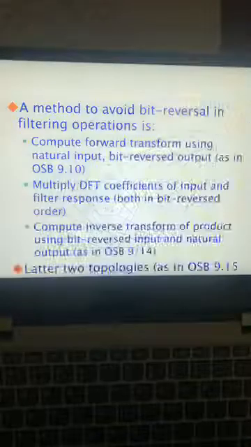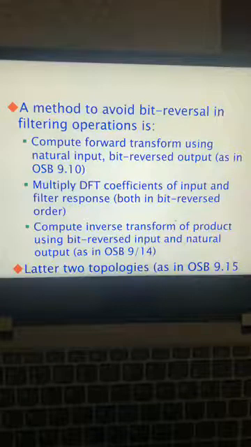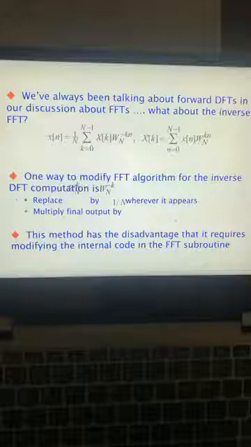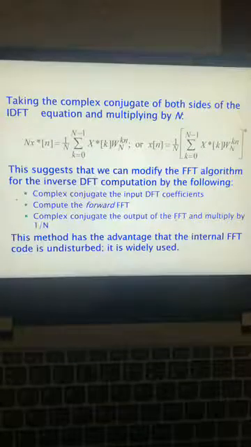You may have a different type of butterflies, but end of the day it's better that you just use the decimation in time FFT algorithm. So we have covered this. This is our last topic. I don't know if perhaps we may cover more. It depends upon Dr. Ali what he wants me to cover, but to me we just covered our last lecture.